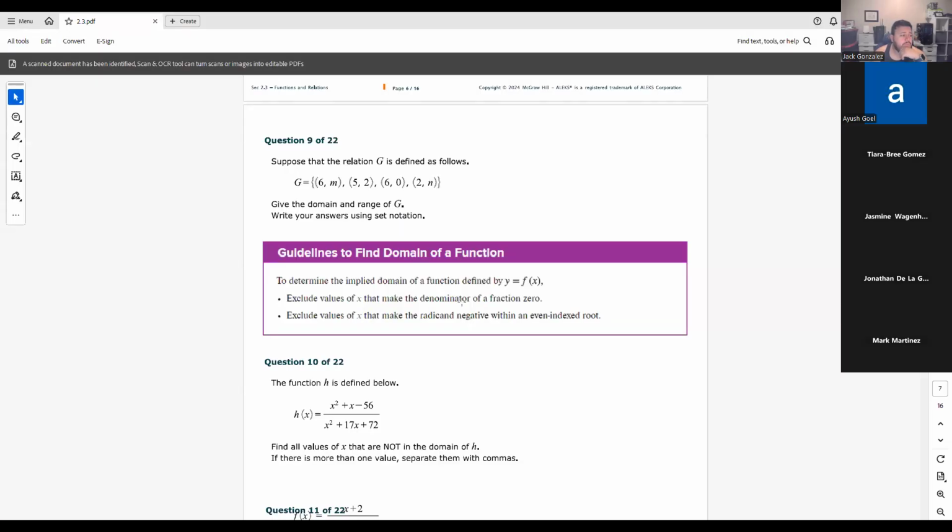Remember we said the domain is a set of all x values or all input values. Okay. So if you were to look at G, what is the domain? What are all the inputs?